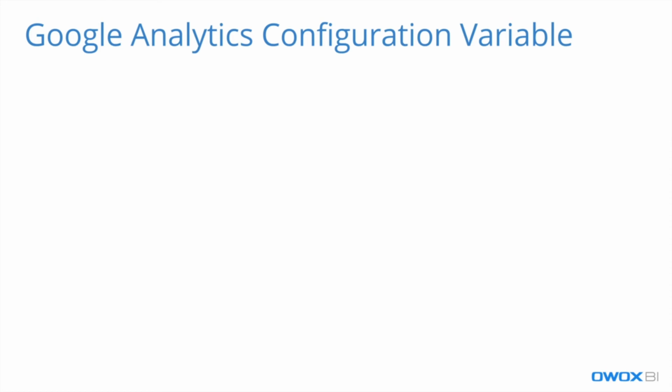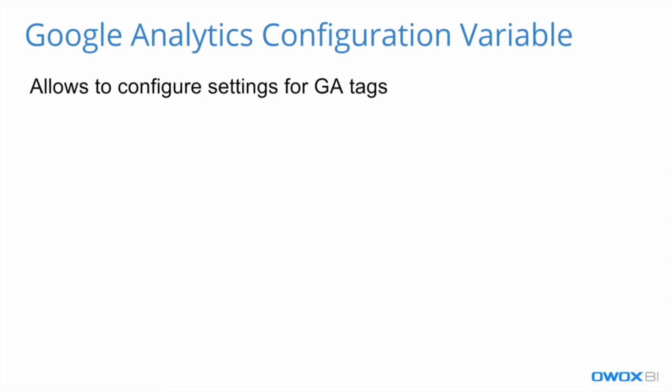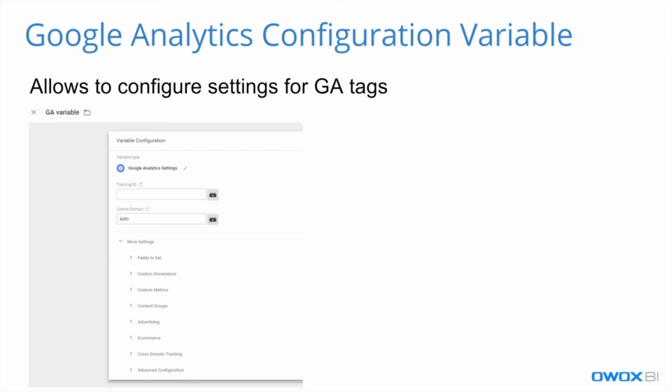Another very convenient and time-saving feature is the J configuration variable, which allows you to save and configure settings for J tags and use them in the new tags that you create to send data to J. How does it work? Each time you have to specify the tracking ID of the web property. This is the slot where you send data.